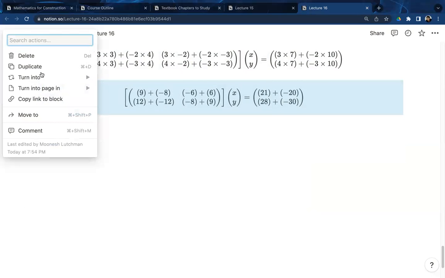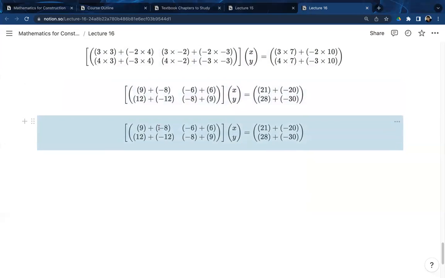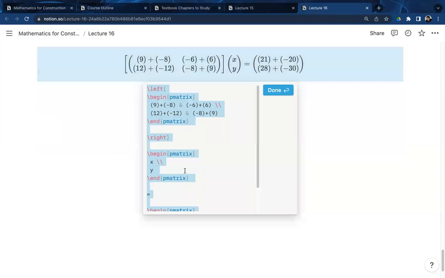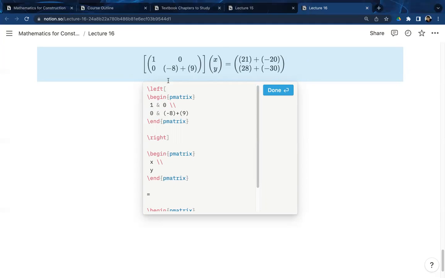So again, let's go in and simplify. 9 minus 8 is 1. Minus 6 plus 6 is 0. 12 minus 12, 0.